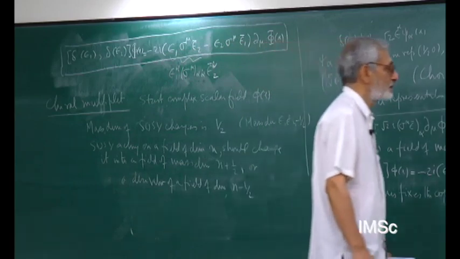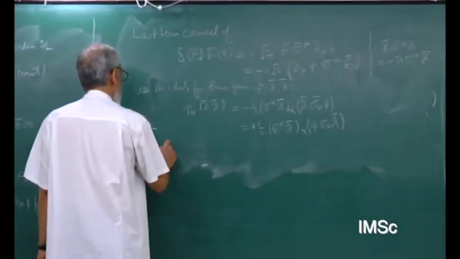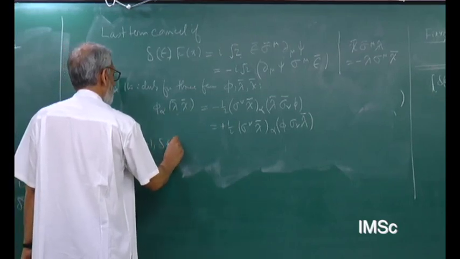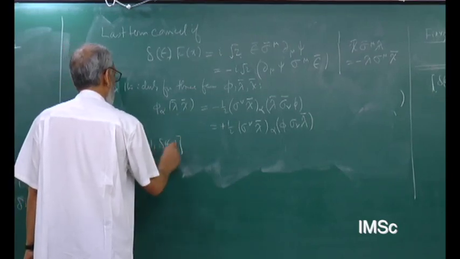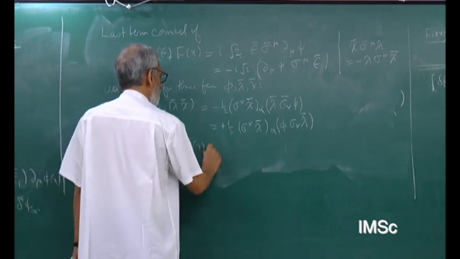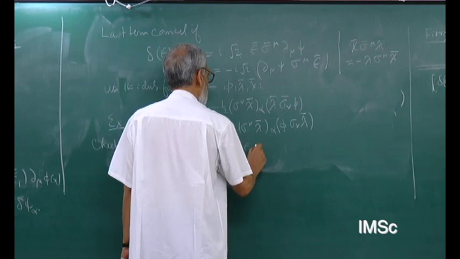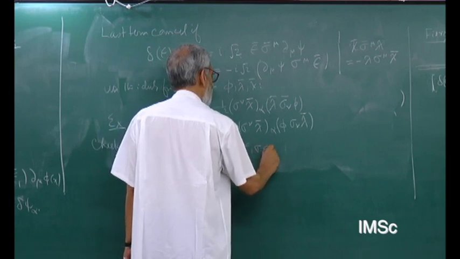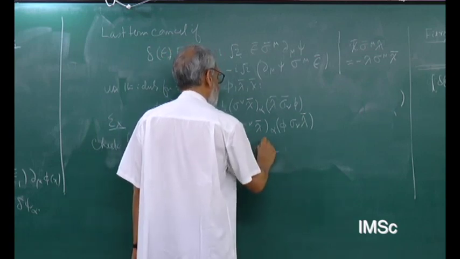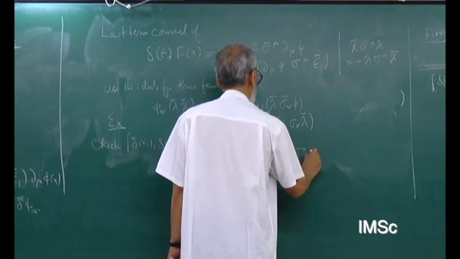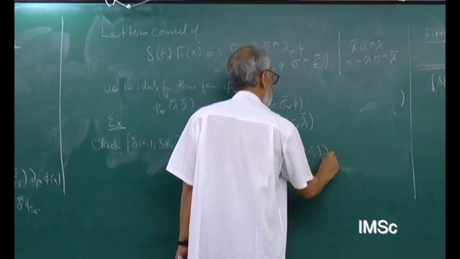So check if delta epsilon 1 commutator delta epsilon 2 on F is minus twice I epsilon 1 sigma mu epsilon 2 bar minus epsilon 2 sigma mu epsilon 1 bar.